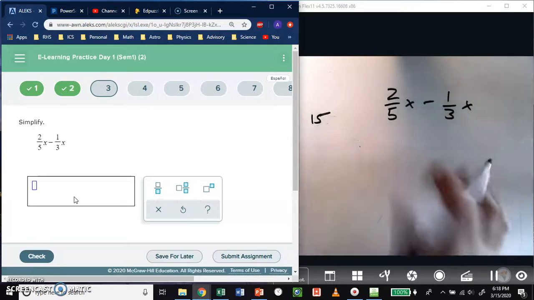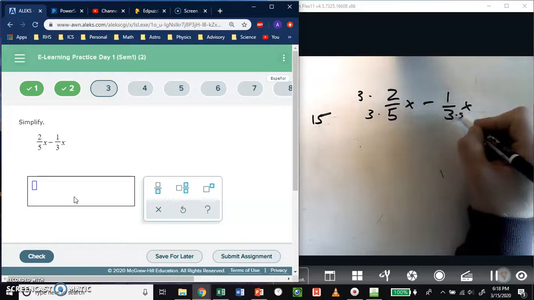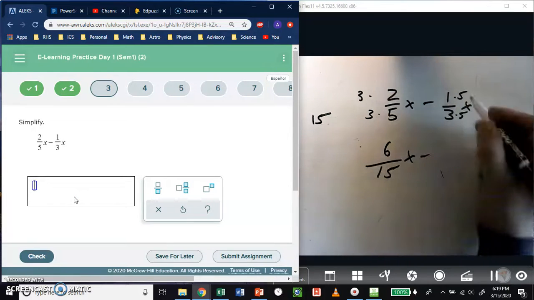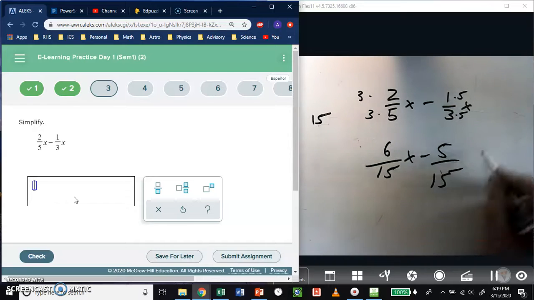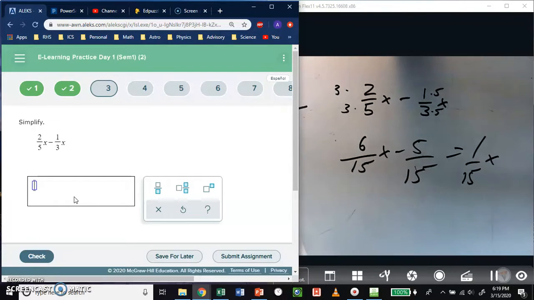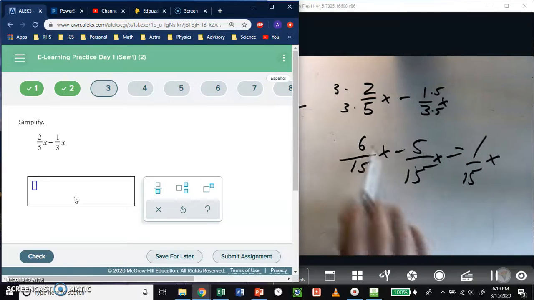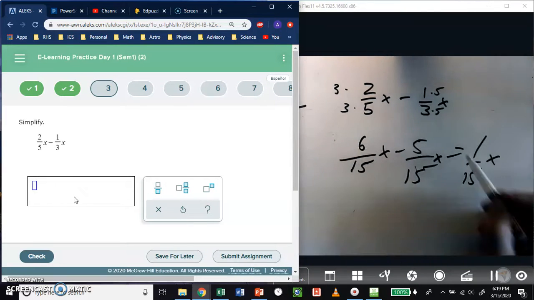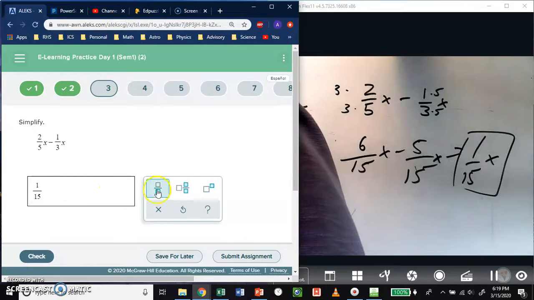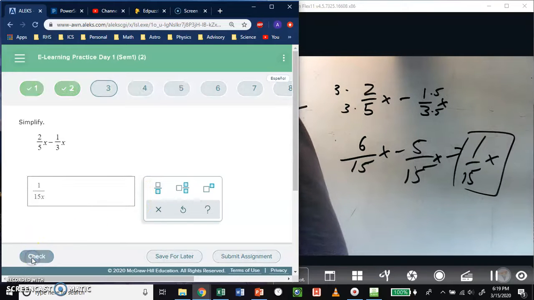Okay, and so that means I need to multiply this by 3 and this by 5. This would be 6 over 15x minus 5 over 15x, and I get 1 over 15x. Because I've got a common denominator, I can just simply subtract the numerators, and here's my answer. So 1 over 15x will be my answer.